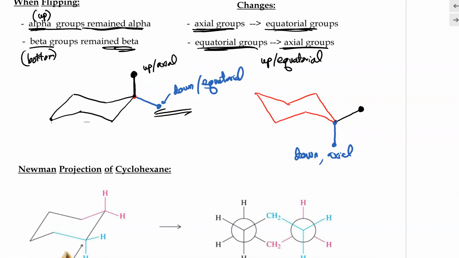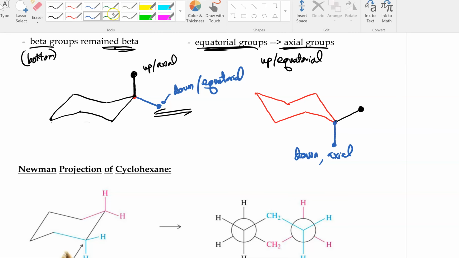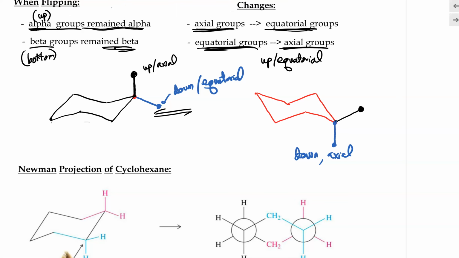Now let's do another example right here. Let's put in another group, and let's change this to green. On this group right here, what happened to it when it flipped? Again, let's label our carbons. By convention, we would label the carbons as follows: 1, 2, 3, 4, 5, and 6.